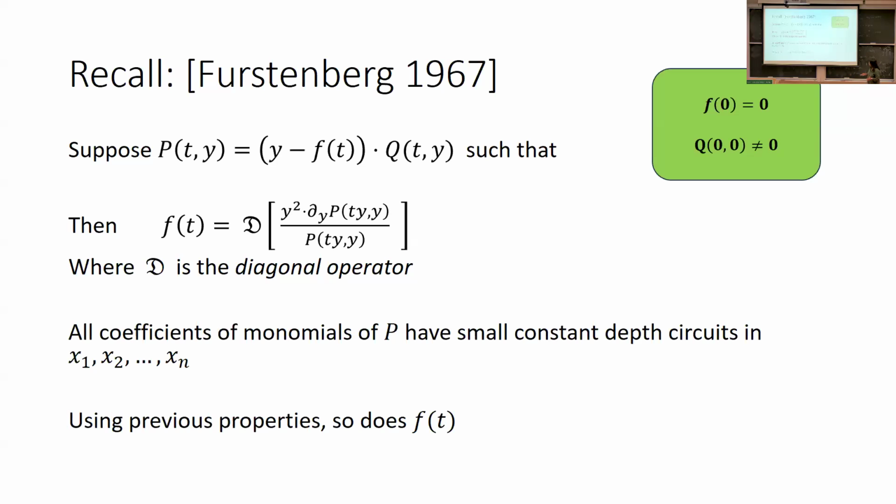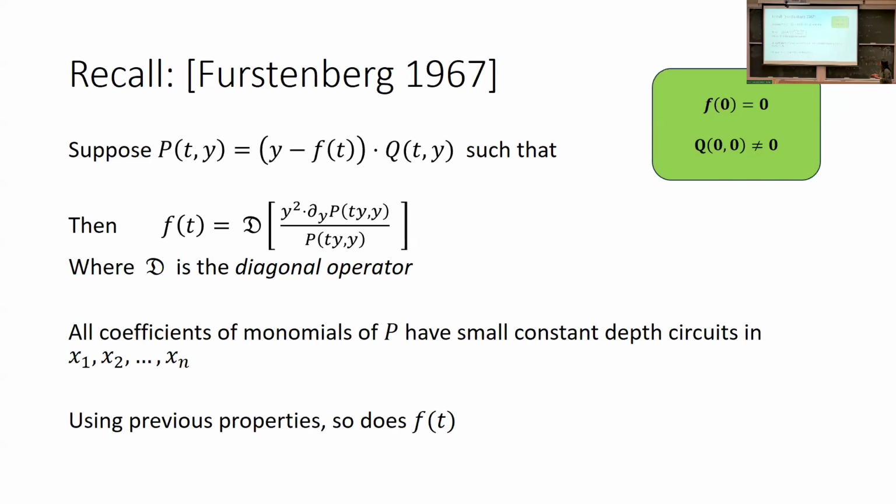So that's all I'll say about it. If you use the properties I said, and you open up this expression and understand it, it's not very hard to see that f of t also has a small constant depth circuit.